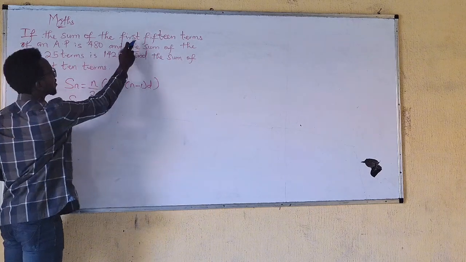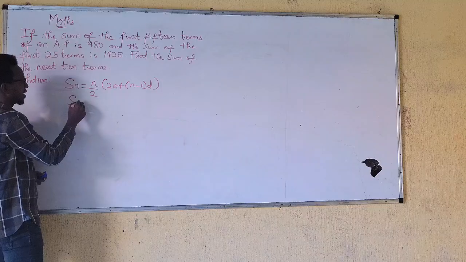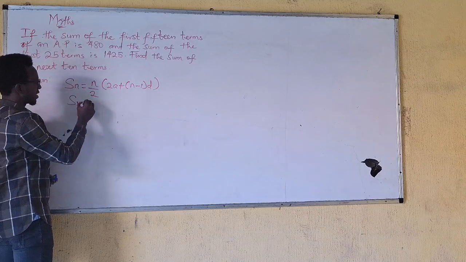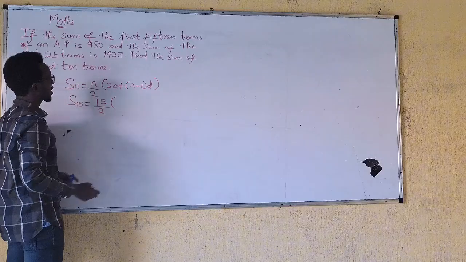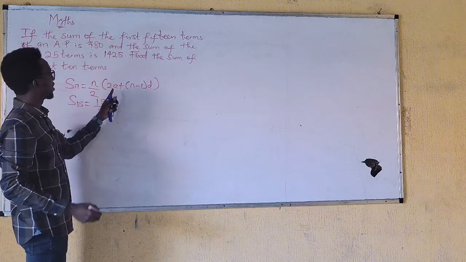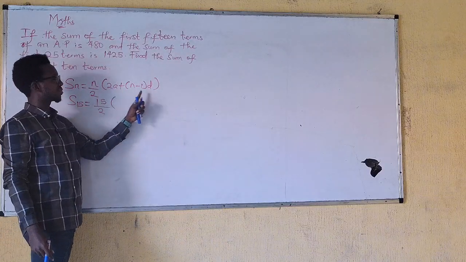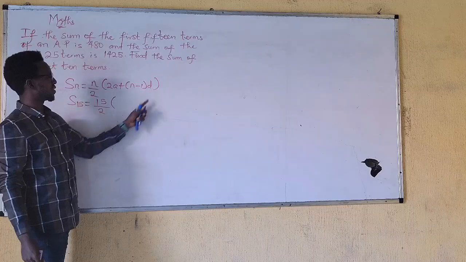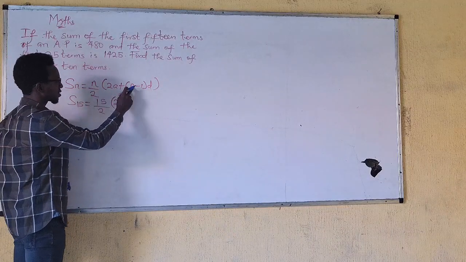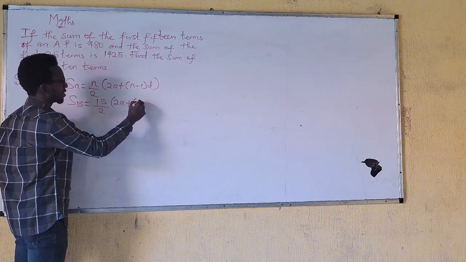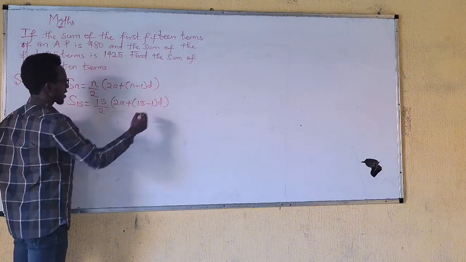We've been told that the first 15 terms, that's S15, is equal to 15 over 2, bracket. Now, through the question, we were never given any first term, and we were never given the common difference. So that indicates we have to find them. So we have 2a plus, our n is 15, minus 1, bracket d.